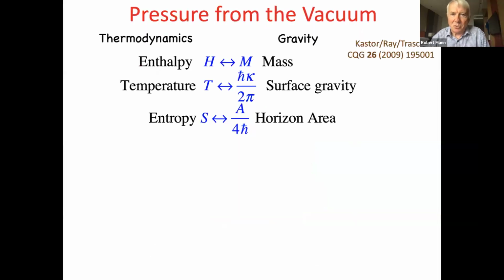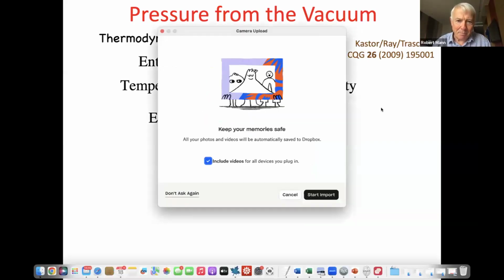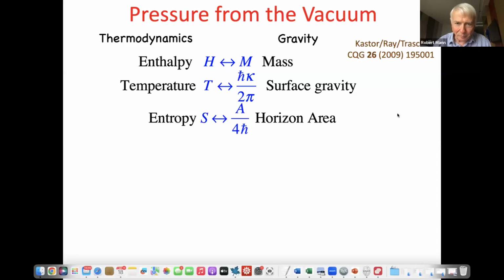Black hole chemistry is basically black hole thermodynamics, but with a different ingredient. The idea is that the mass, the surface gravity, and the horizon area of a black hole correspond to thermodynamic quantities. But in black hole chemistry, the mass is the enthalpy, surface gravity is temperature, and horizon area corresponds to entropy.